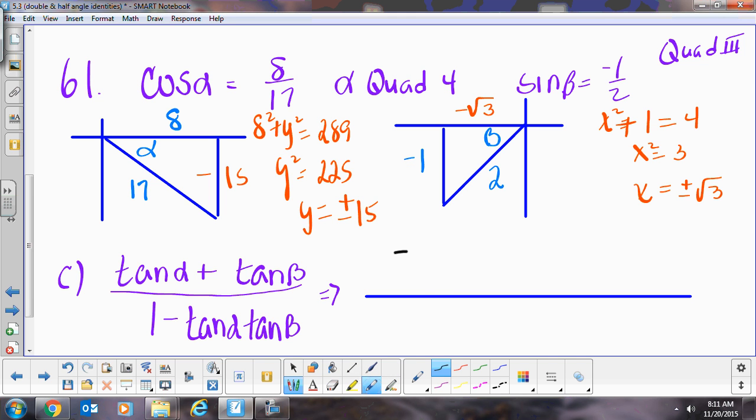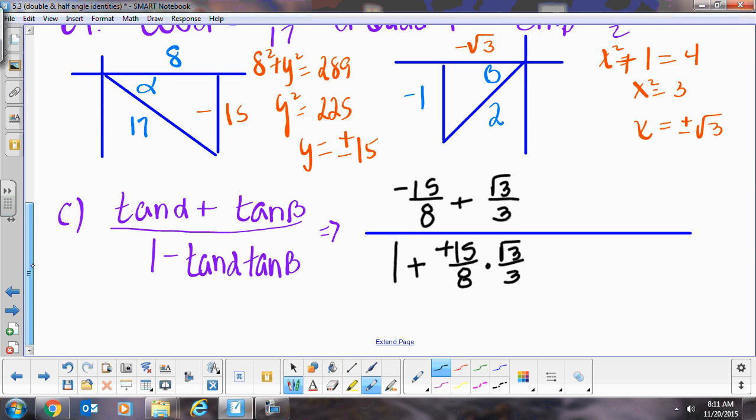It is -15/8. And we're going to add that to, what's tan beta? Square root of 3 over 3. It's -1 over negative square root of 3, which simplifies to this. So now we're going to have 1 minus, where's tan alpha again? -15/8. And then this is going to be multiplied by square root of 3 over 3. This is going to be plus positive.